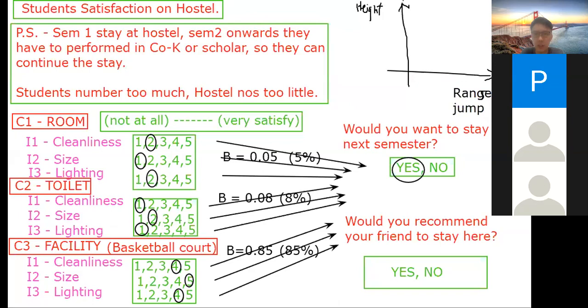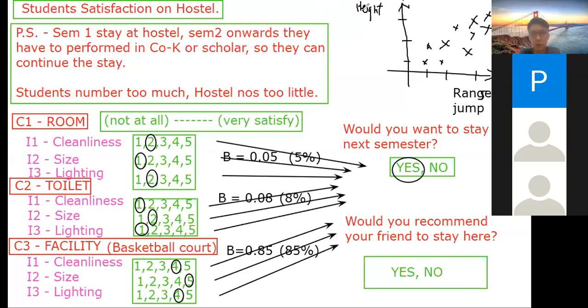If you are tall, you jump further. If you're not that tall, you jump average. And if you are short, you jump very little. Then you plot like this. Do you remember this table from your high school?